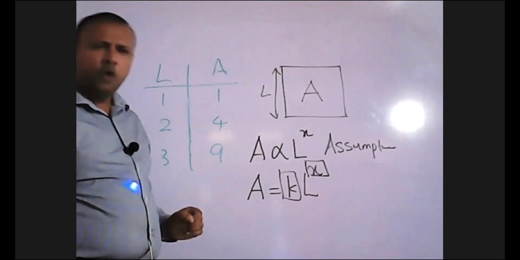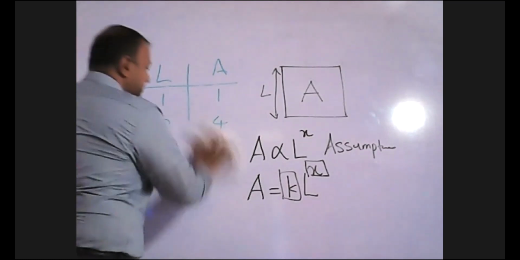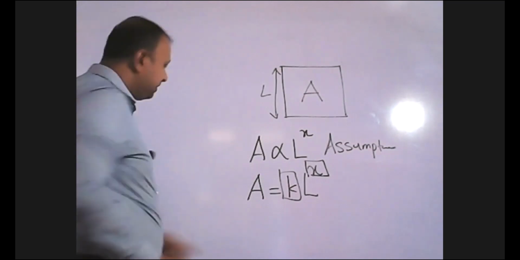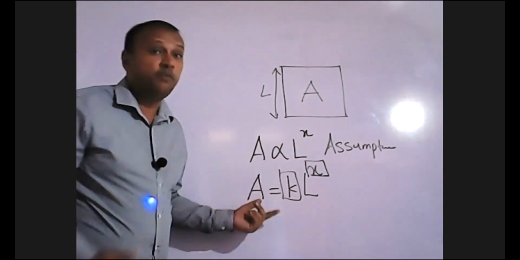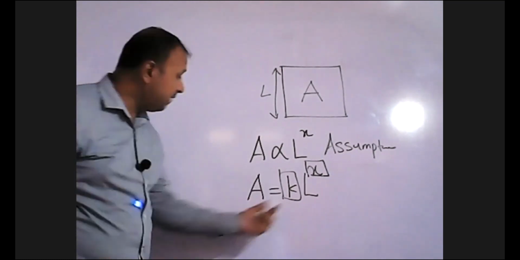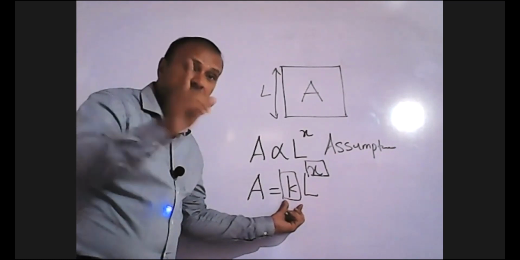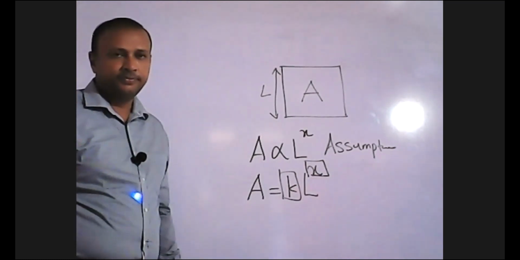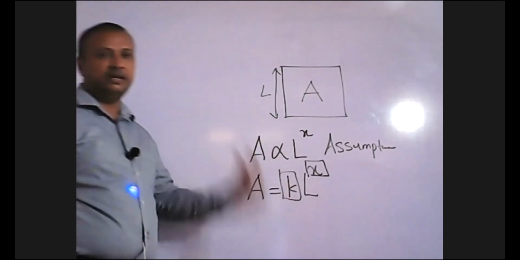So normally, if there is a question like this, we are given the value of the proportional constant. So if we are given the value of the proportional constant, now there is only one thing to determine, that is X. We can find X using dimensional analysis.